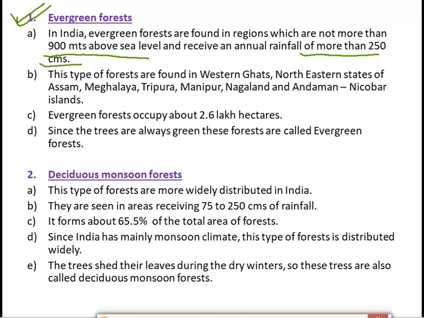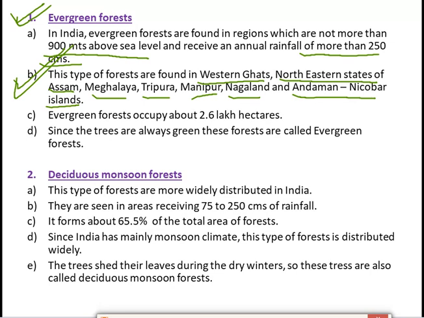Now let's have a look at the areas where we can get these forests in India. These types of forests are found in the Western Ghats and the northeastern states of Assam, Meghalaya, Tripura, Manipur, Nagaland, and the Andaman and Nicobar Islands. So mostly we can get these trees in the northeast, in the eastern part of India.